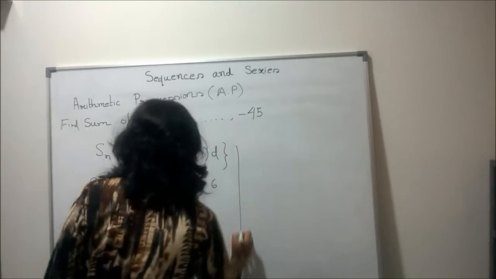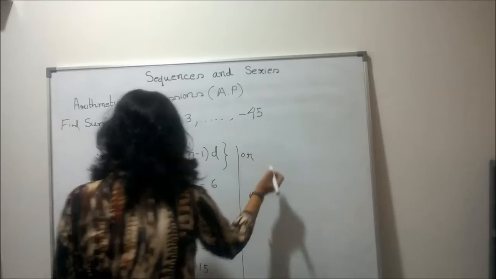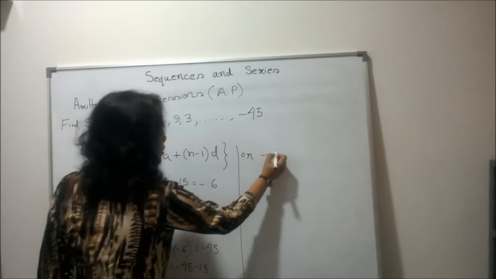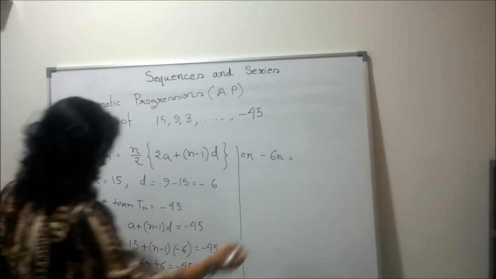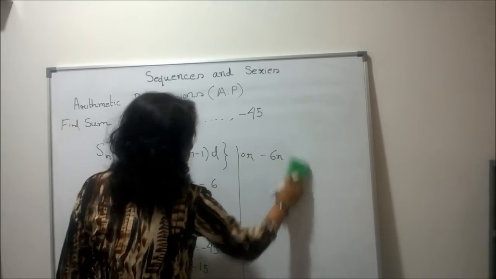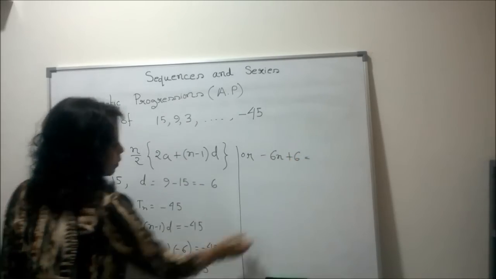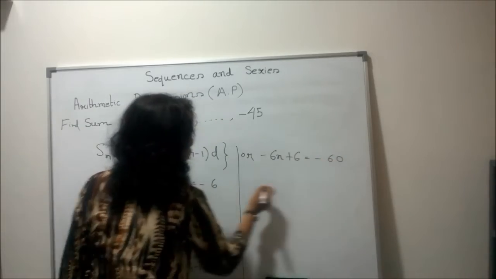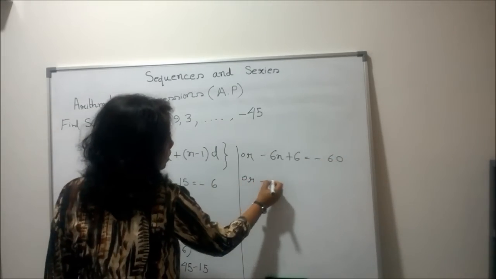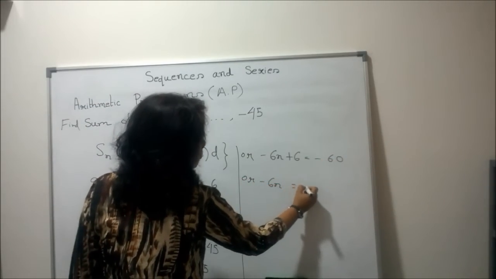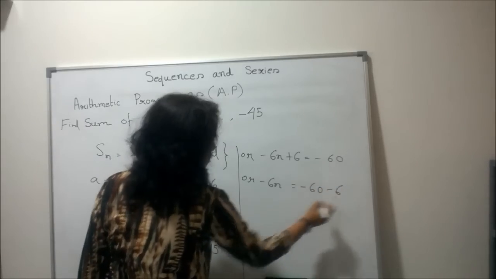Okay, minus 6n plus 6, and in that side minus 60. So from here minus 6n equals minus 60 minus 6.